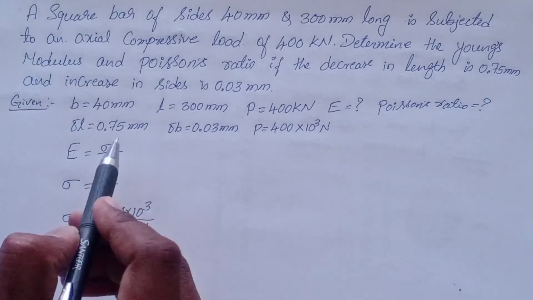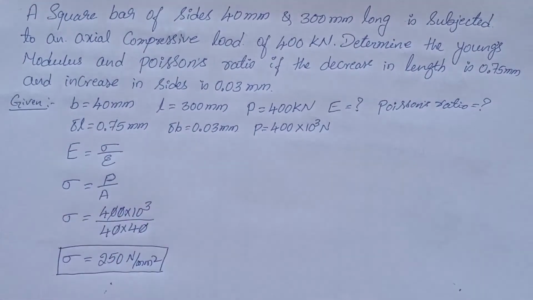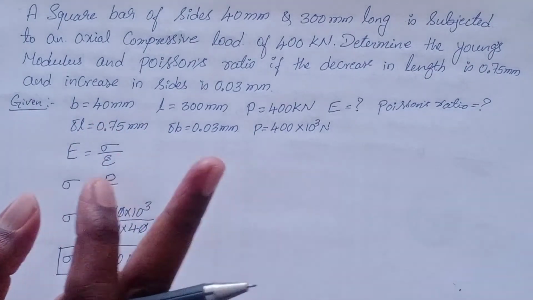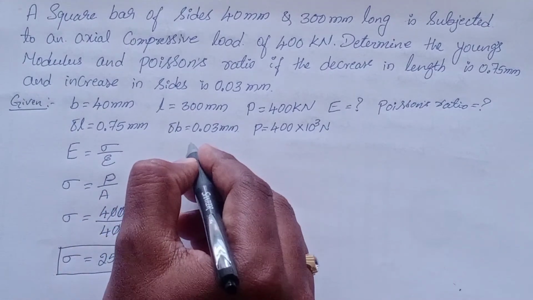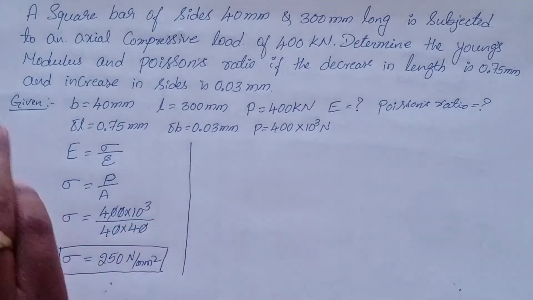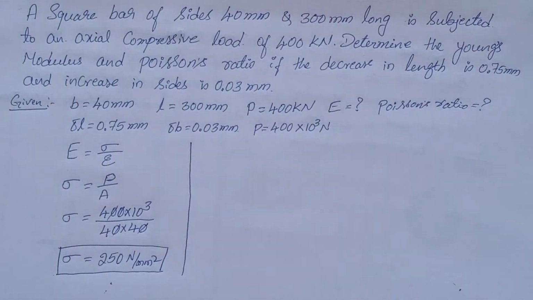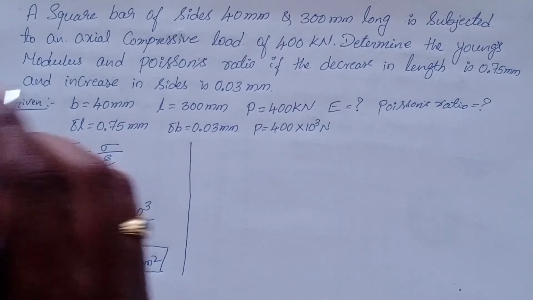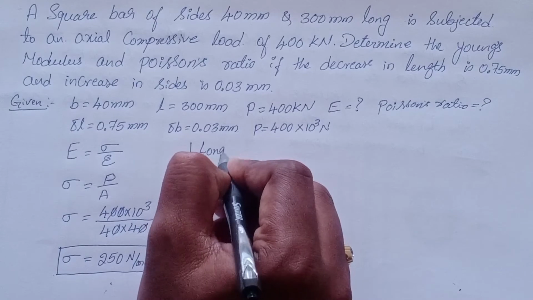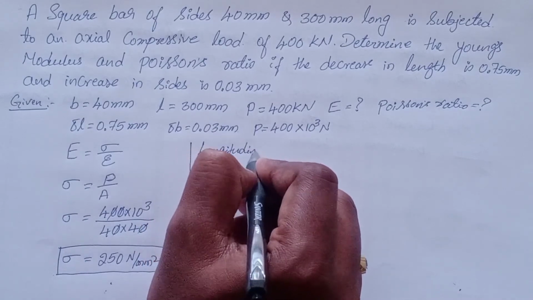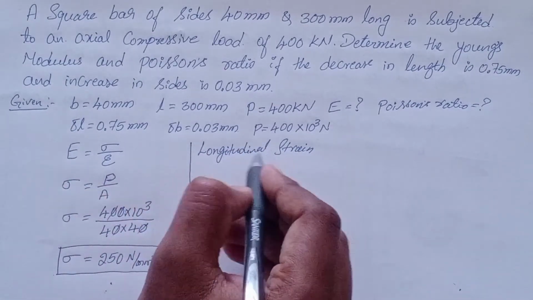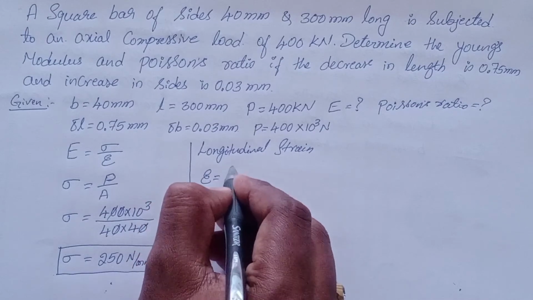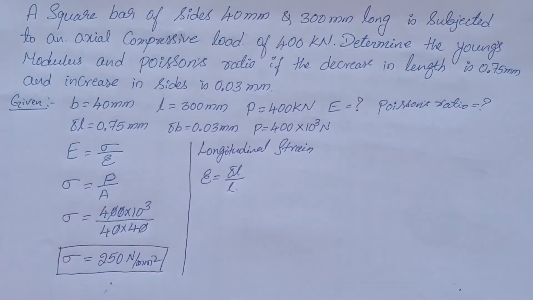Now we need to find the value of epsilon. Here two things are given, one is length and another is side. So we consider longitudinal strain and lateral strain. In longitudinal strain we consider length. Longitudinal strain, epsilon, is equal to change in length over the original length.